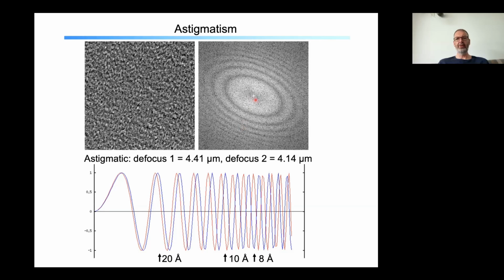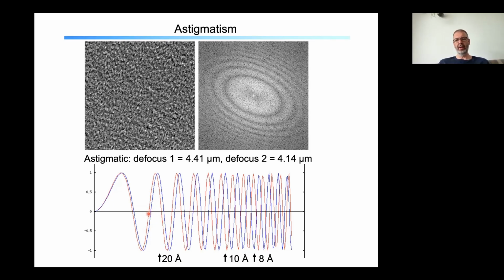So what that means is, if you look here, you have two directions of astigmatism. You have the close to focus and further from focus direction. And if we plug that defocus into our CTF equation, we can see that that would significantly change the position of the contrast reversals and the zeros at higher spatial frequencies.